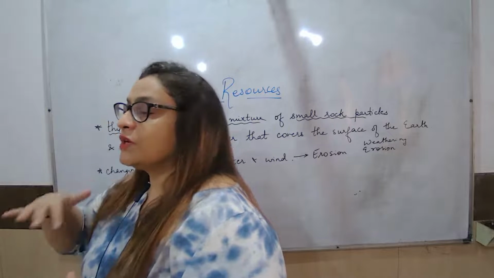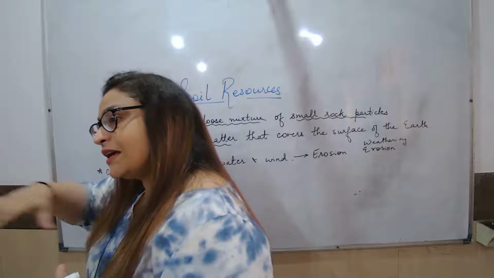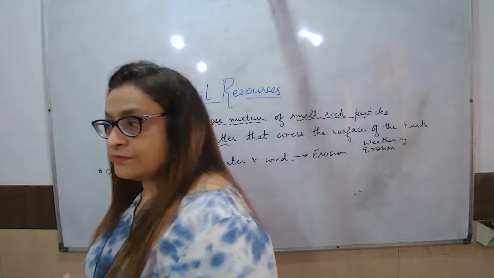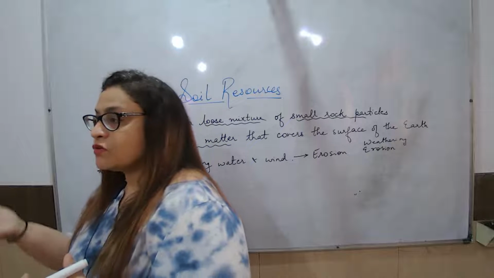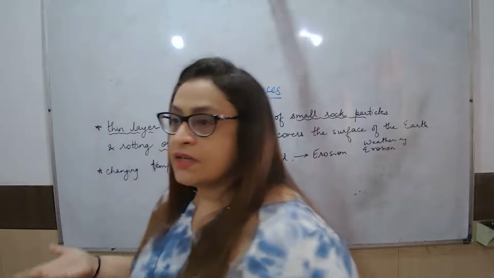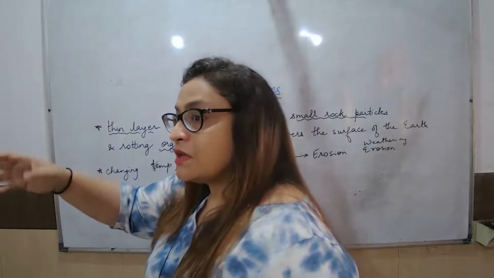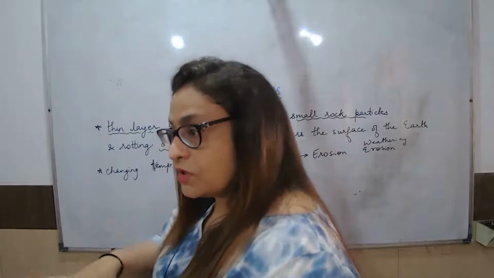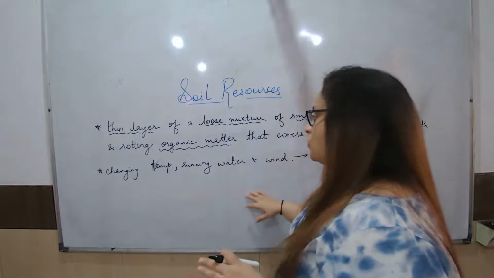Then you all studied about exfoliation, where you have a layer which is eroded like an onion. Why is all that happening? Because of differential heating and cooling. The surface on the top heats, whereas the ones below aren't heating that much. So there is expansion and contraction, and that leads to disintegration of the rock.